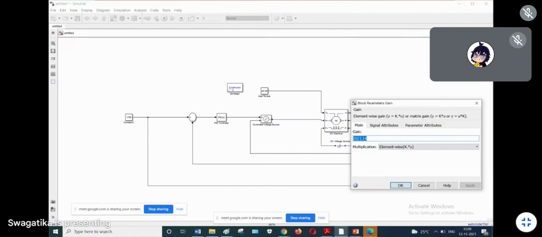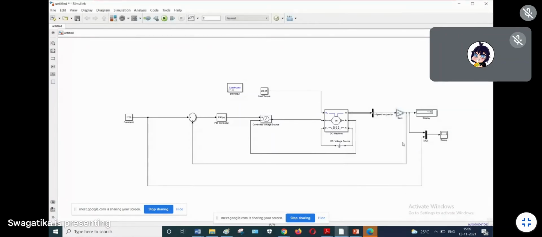So the angular speed is multiplied by 60 divided by 2 pi, that is, 30 divided by pi. That's why I have taken the gain of 30 divided by pi here. A gain will automatically multiply, right? Omega into 30 divided by pi.